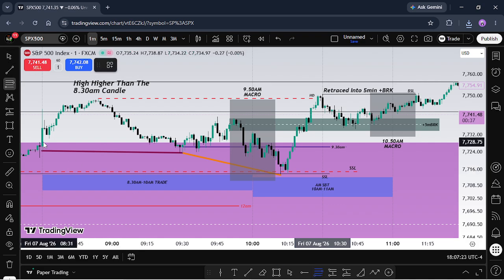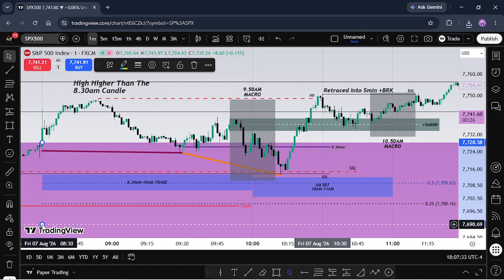Right. When I take this high, when I go to this midpoint, this midpoint here, 0.5. Here's 50% of the upper 4 hour BC.